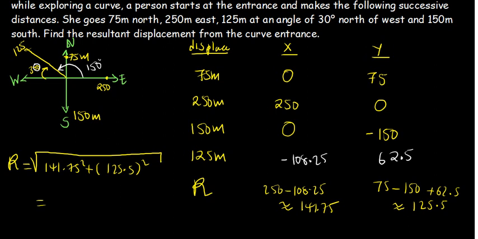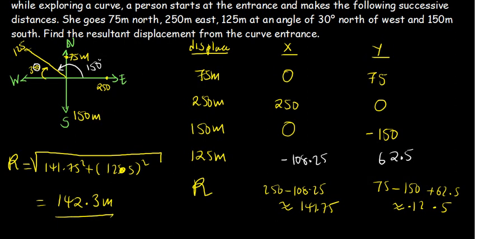This answer is supposed to be a negative value. Actually, it's negative 12.5, not negative 125. If you punch it on your calculator, even inside here it is going to be 12.5 squared. So the value that you find when you take the square root will be 142.3. This is going to be meters.